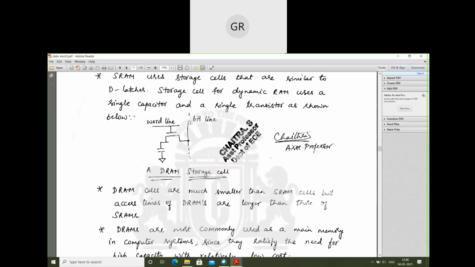Here you can send either 0 or 1 through the bit line. During the write operation, when you want to store logic 1, the capacitor is charged. When we do the write operation of 0, the capacitor will be discharged.